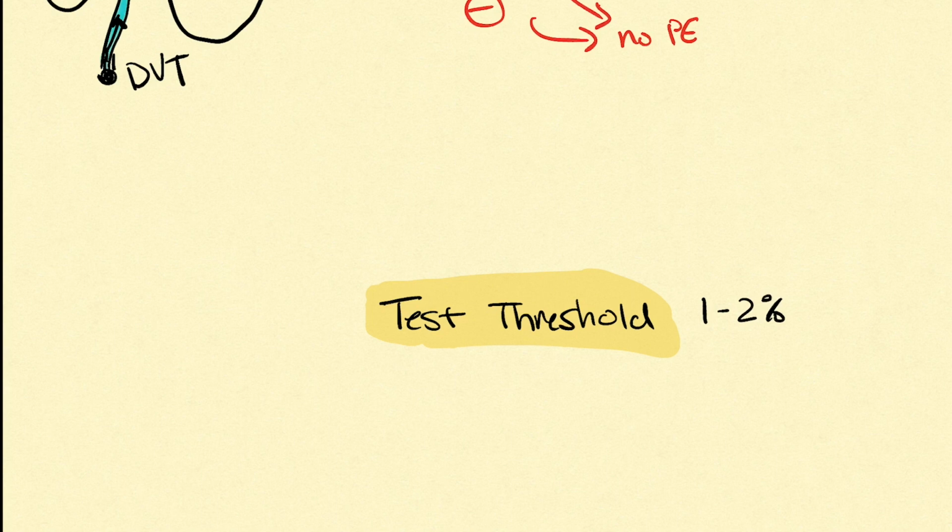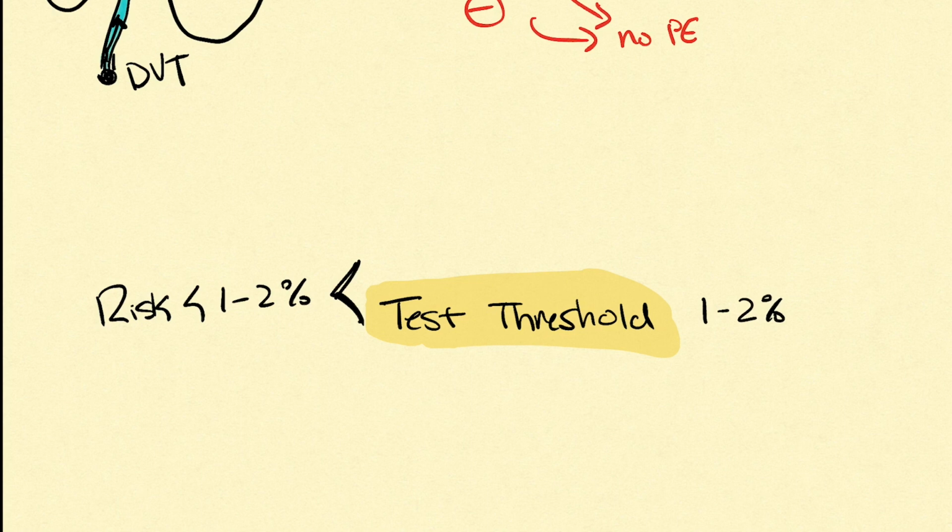a PE. And so if you can get the risk of a PE, if you can risk stratify a patient to say this patient has under, let's say, a 1 to 2% risk, then at that point, the risk is below the test threshold, and we do not need to do any additional workup, right?